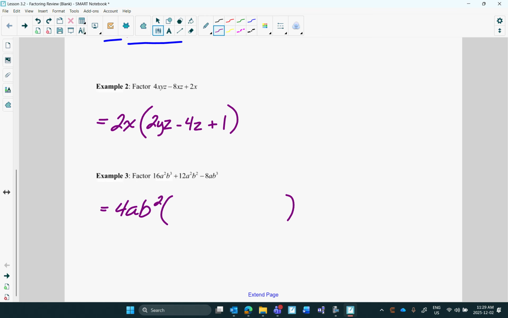So I get 4ab plus 3a minus 2b. Good. Okay. It's pretty straightforward. Remember, GCF factoring, you could have 2 terms, you could have 3 terms, you could have 4 terms, you could have 5, you could have as many as possible.